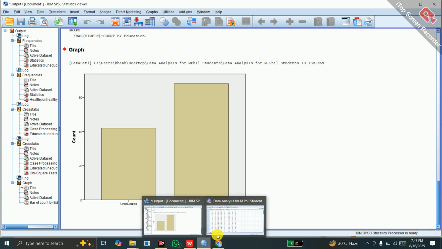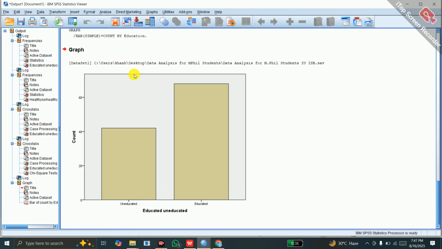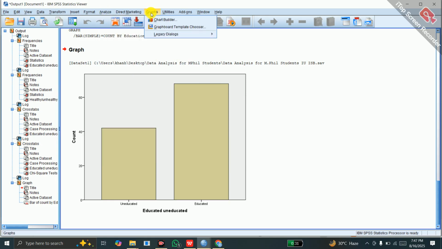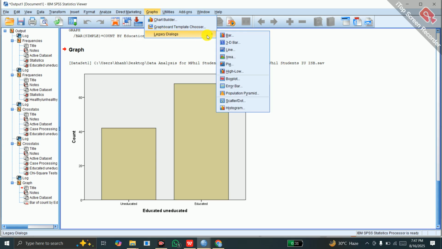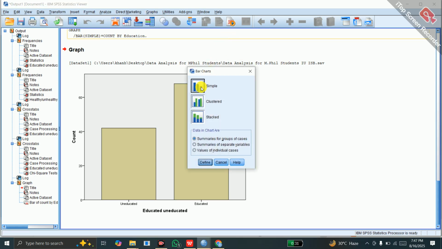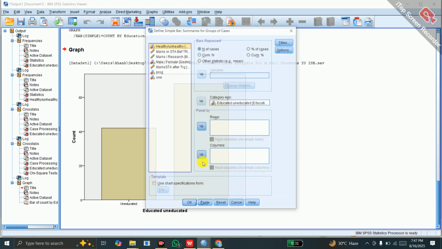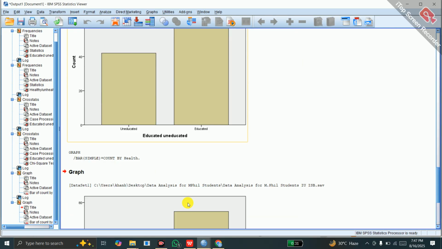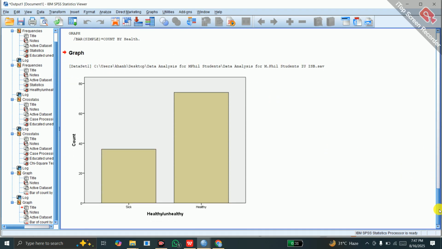Similarly, I can also show you the bar graph of the health variable. Using the same simple analysis, this time I'll take this out and use the health variable, and it will give me a simple bar chart of the health variable.